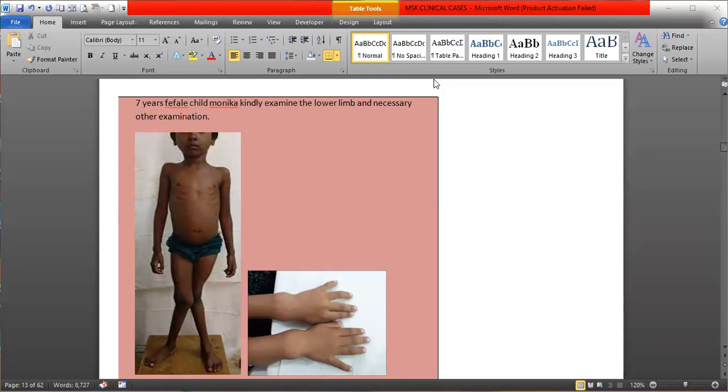Okay, I think these are the discussion part, and for the rest, we can go to the books to cover the theoretical part. What may be the complications if left untreated? That is short stature, skeletal deformity, fractures, and dental malocclusions. These are the complications.